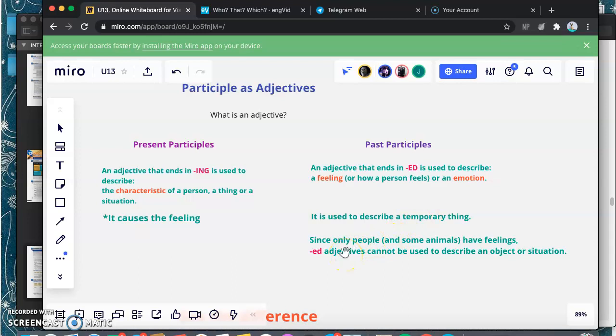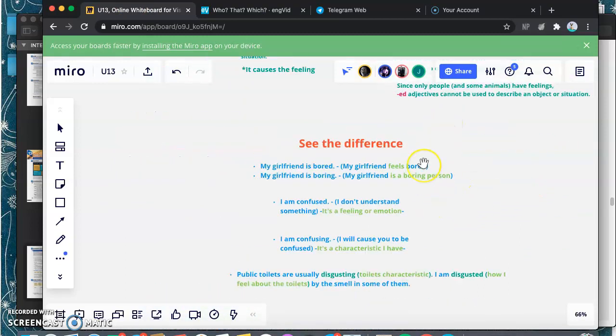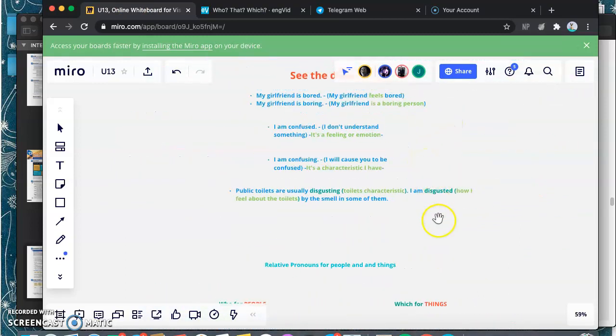Remember that since only people and animals have feelings, these ed adjectives, the past participle, can only be used for some animals and for people. They cannot be used to describe an object, and they cannot be used to describe a situation.